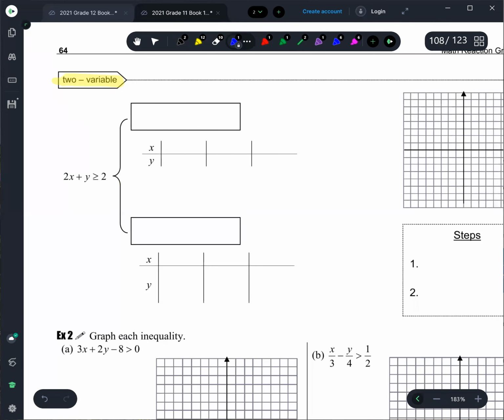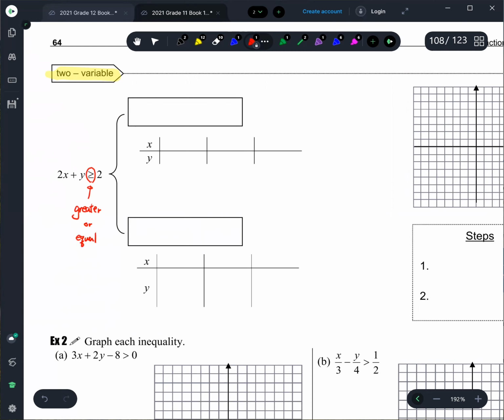So let's look at the first example here: 2x plus y greater than or equal to 2, okay? So I'm going to separate it into two parts.